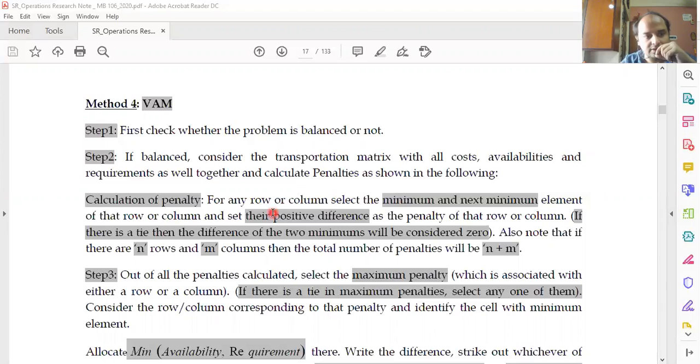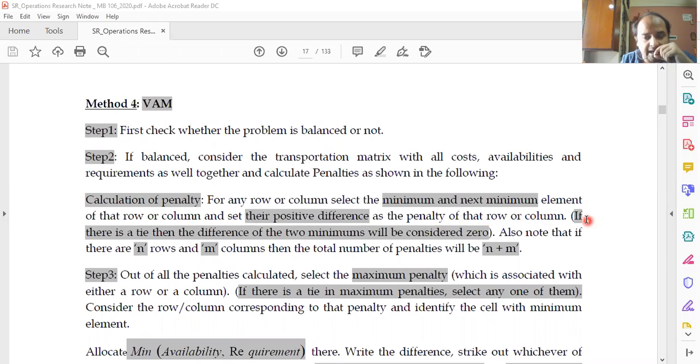I cannot share two screens simultaneously at a time, so you write this particular paragraph in your copy. For any row or column, select the minimum and next minimum element of that row or column and set their positive difference as the penalty of that row or column.